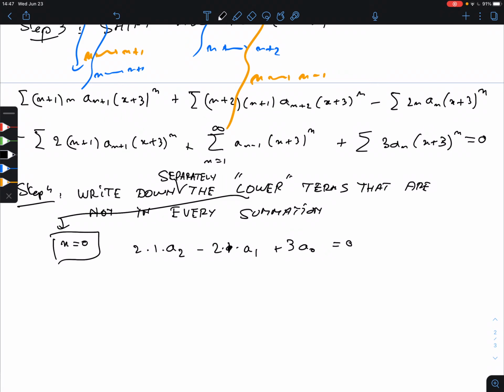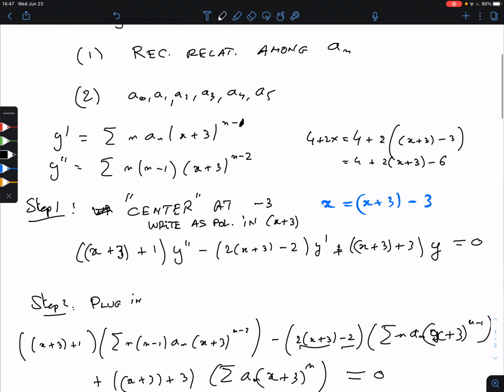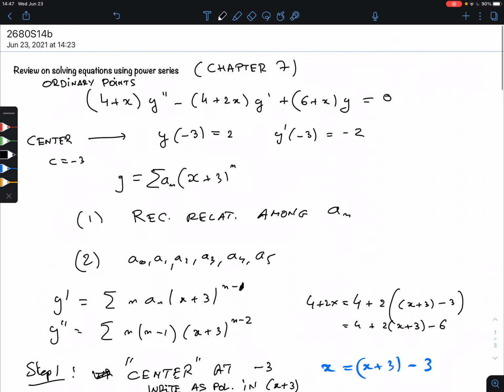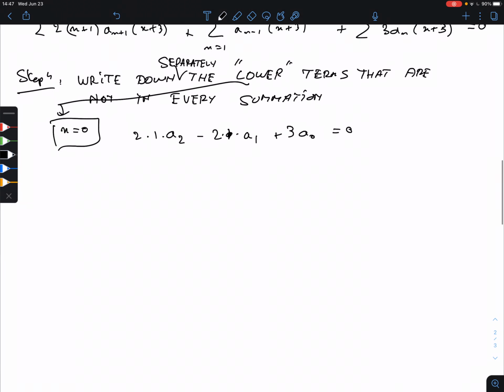Now, of course, we have one coefficient that we don't know yet. Remember these initial conditions: the reason we have centered here at -3 is so that this would be a_0 and this would be a_1. So we know what these two are, but we don't know what the next one is.